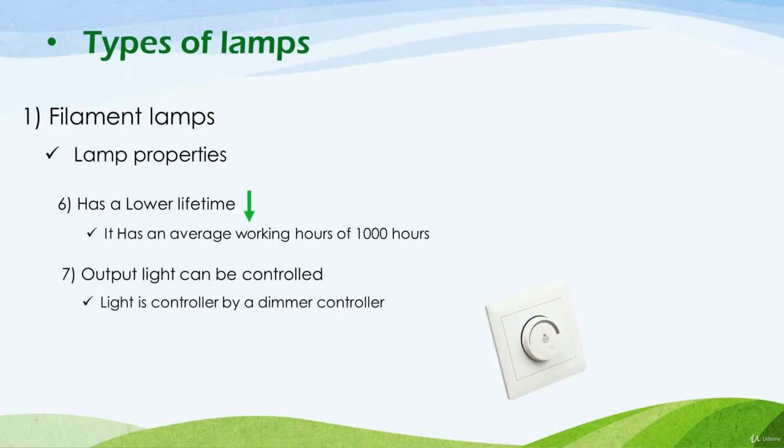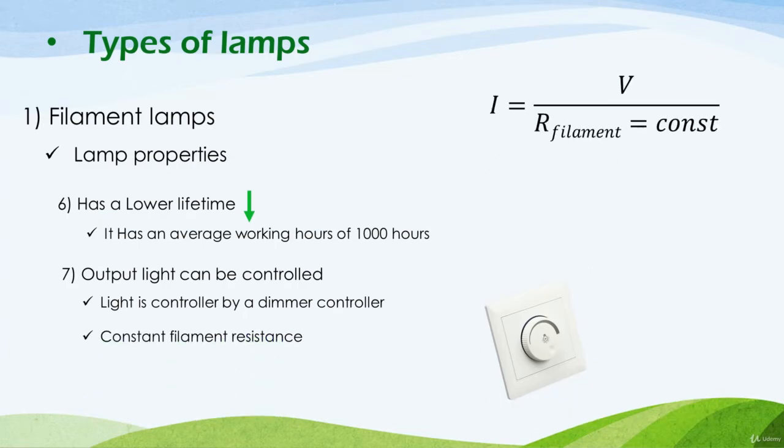And we can control the light output of the filament lamp basically because the filament lamp consists of a constant resistance, which is the filament resistance. And because the electric current equals the voltage over the resistance, when the resistance is constant, this means that the electric current has a direct relation with the voltage. So by controlling the dimmer slider, we are controlling the input voltage of the lamp.